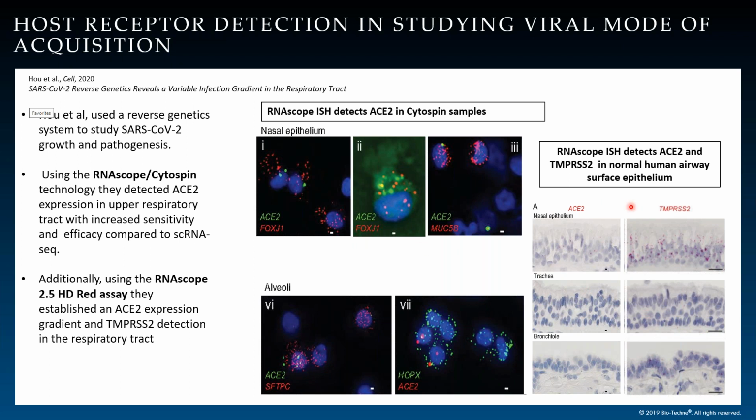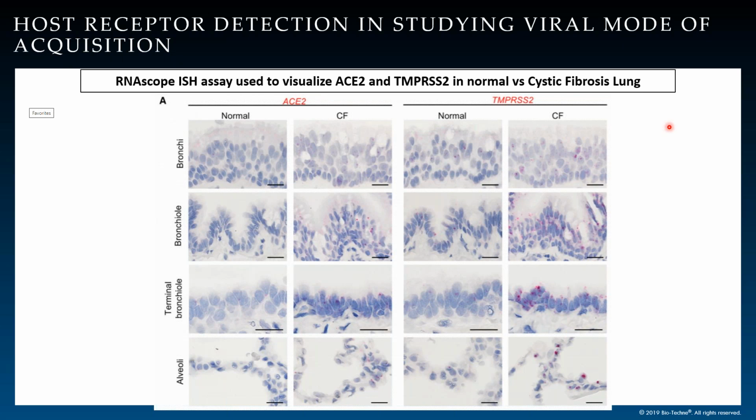What they were also able to show in this particular paper was individuals with cystic fibrosis showed increased risk of SARS-CoV-2 and showed a more serious pathology upon infection with this virus. And what they were able to show was one of the reasons for this could be the expression of ACE2 and TMPRSS, which are important for the virus to infect a host cell, are significantly higher in cystic fibrosis lung compared to normal lung, as you can see here.